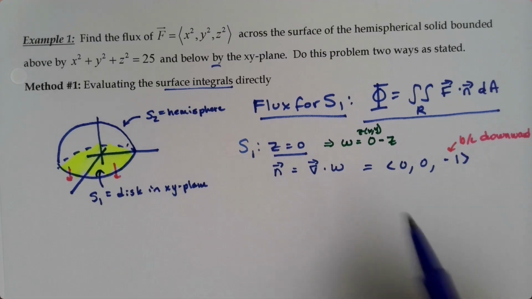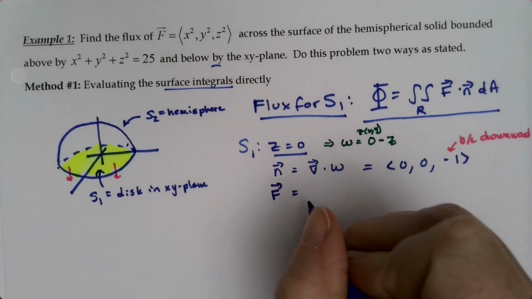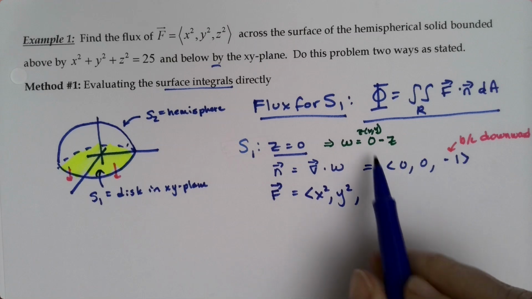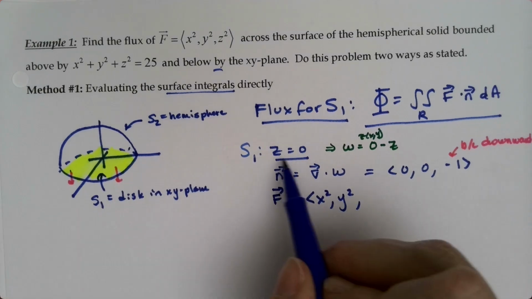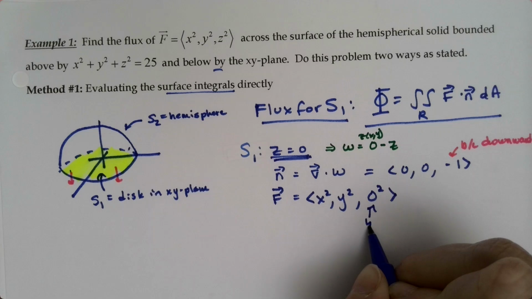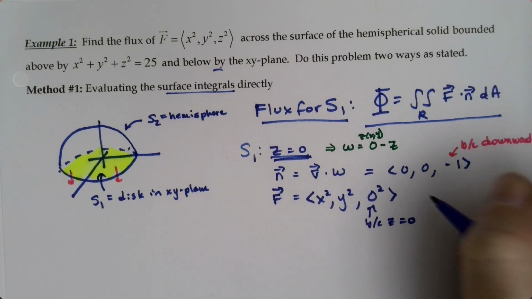So our vector field, which is x squared, y squared, z squared, would be x squared, y squared, but instead of z squared, z is 0 on this surface. So it's 0 squared, because z equals 0, and therefore it's x squared, y squared, 0.